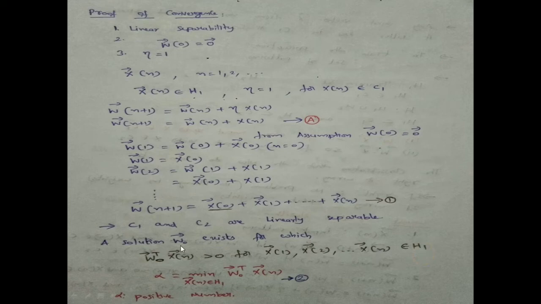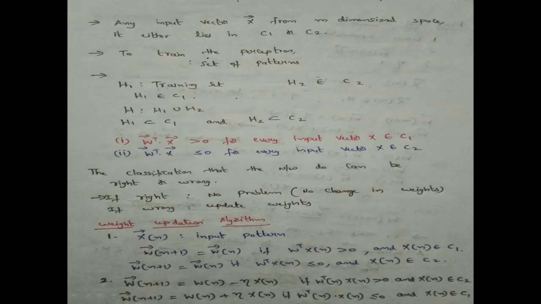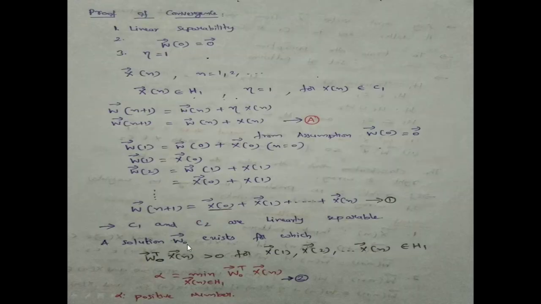This means the solution W0 definitely exists, which does the correct classification, because we already know that if the input vector x belongs to class C1, then W transpose x will be greater than 0. So W transpose x of n is greater than 0, indicating that a solution W0 obviously exists.